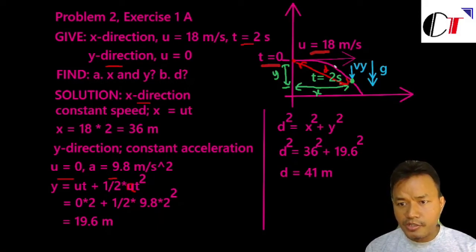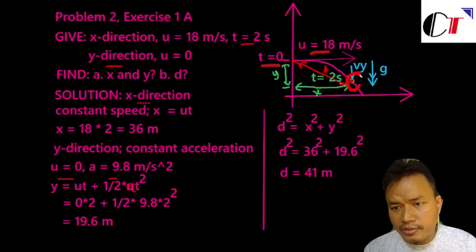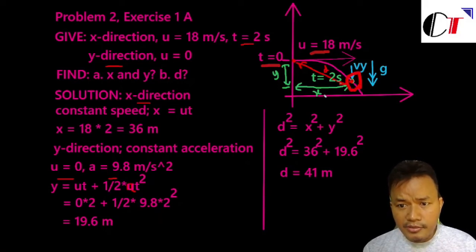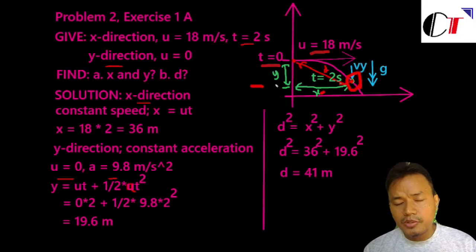And of course, after projection, y direction is constant acceleration, so velocity vy is downwards, and acceleration g is also downwards, so it's constant acceleration motion. And at time t is equal to 2 seconds, let's say the particle reaches here, right? At that position, the horizontal component of the displacement is just x, the vertical component of displacement is just y. So in part A, you are asked to find x and y.